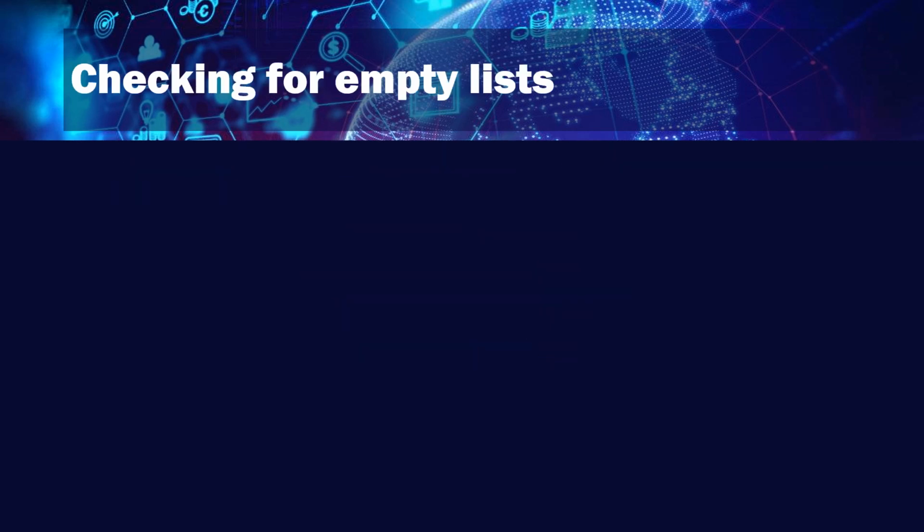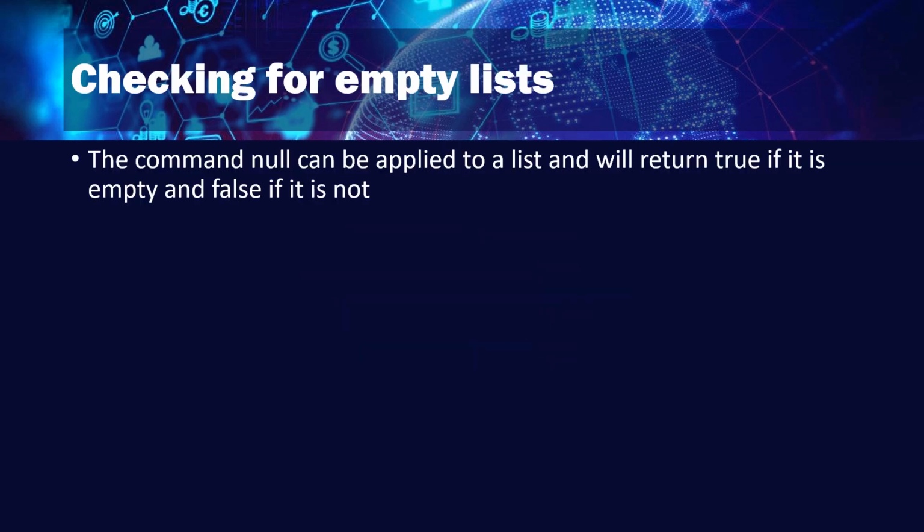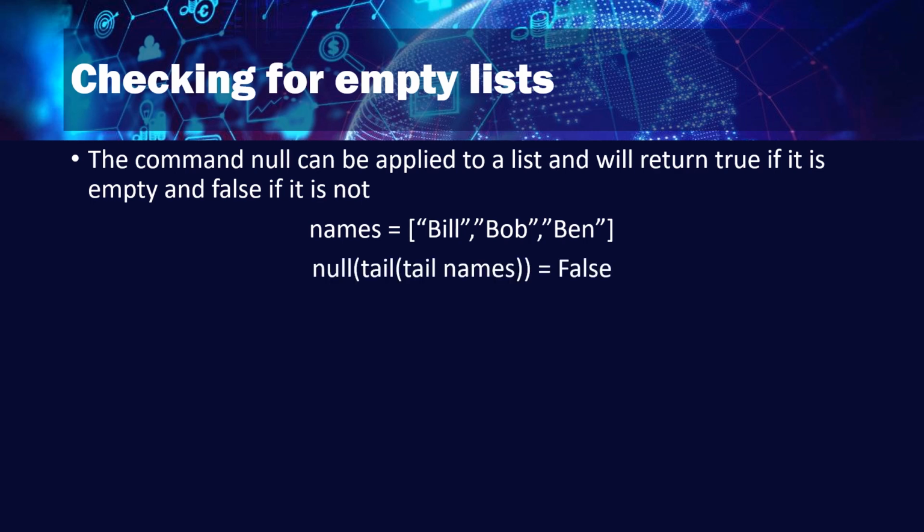The command null can be applied to a list and will return true if it is empty and false if it is not. So if we have a list, Bill, Bob and Ben, and we apply null tail names, then it will return false because the tail of names is Bob and Ben, and the tail of that would be a list with Ben in it, so it is not null.